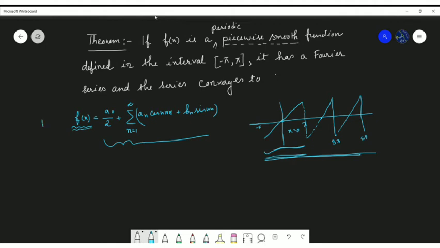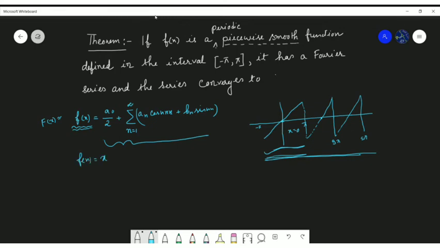In some books, you can find that after periodic extension, they use capital F(x) to represent the function. But here we are saying that the function f(x) is now representing the function after periodic extension, because there will be no change in the function value.